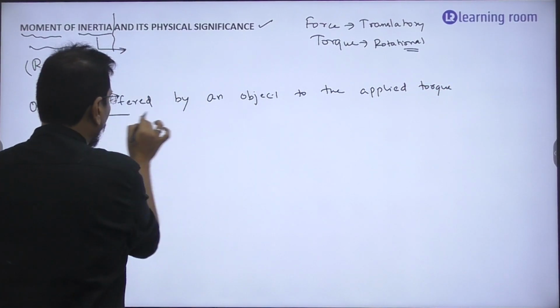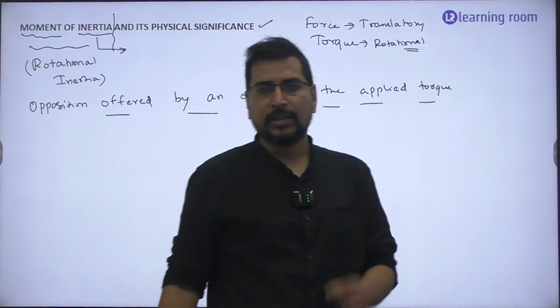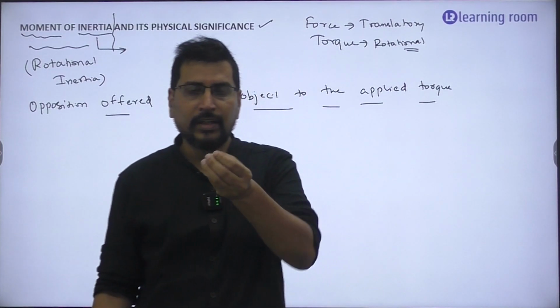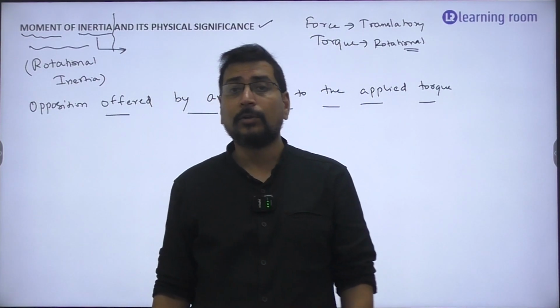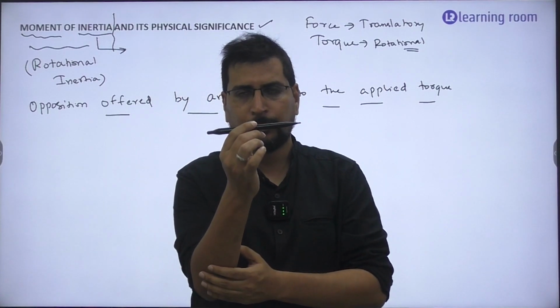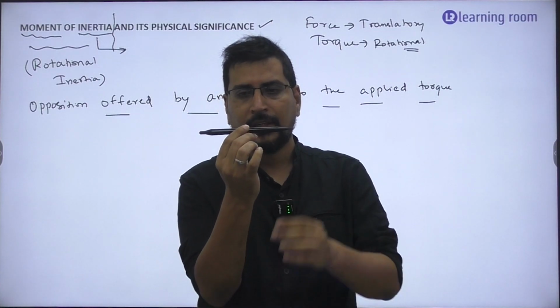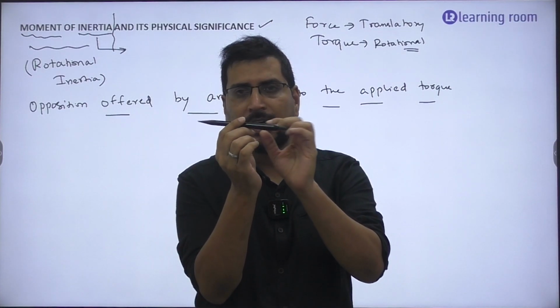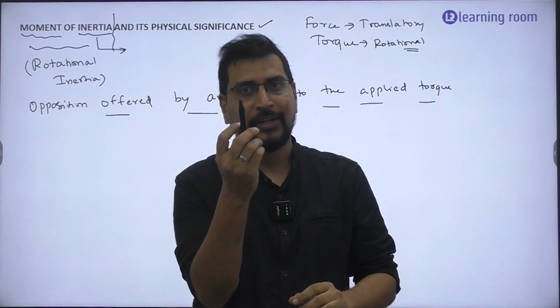Now, having said this, let us try to understand how we can feel the concept of moment of inertia. If you hold this pen and start rotating it about its center of mass, it will be easy for you to rotate.